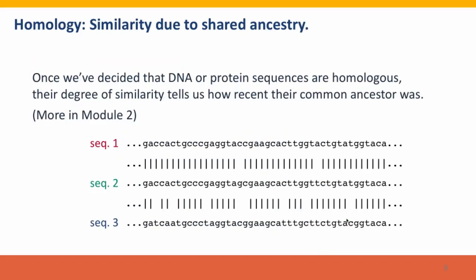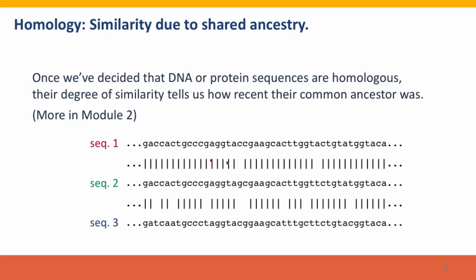Now, once we've decided that features are homologous, we can use them to tell us more about evolutionary processes. And this is particularly true for DNA sequences. Once we've decided that DNA or protein sequences are homologous, there's a lot of other information in there that lets us make evolutionary inferences, the simplest of which is knowing how similar two homologous sequences are tells us how recent their common ancestor was. So here are homologous sequences from 3 different species.